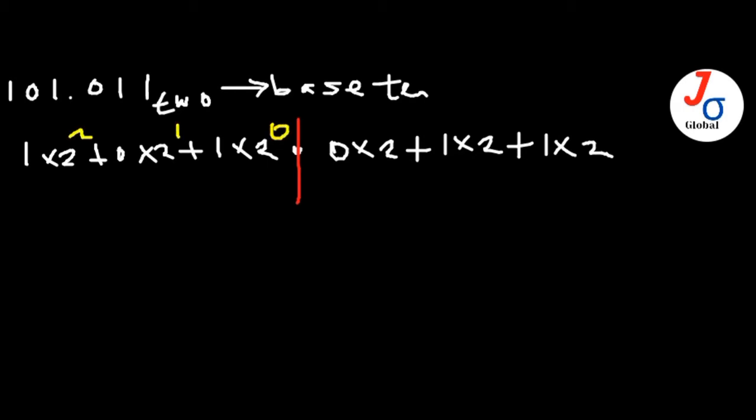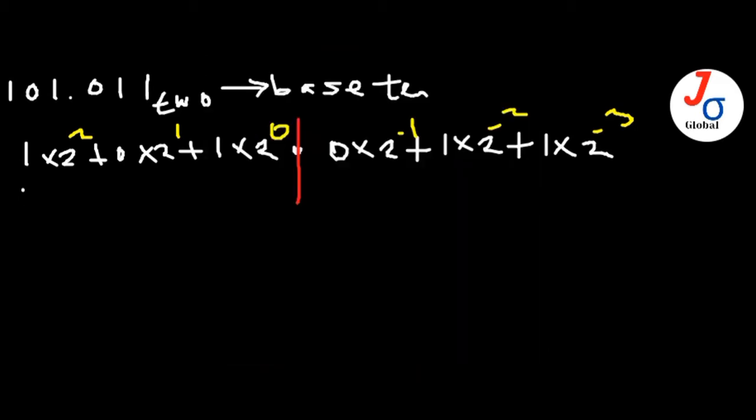Then after the decimal to my right, I'm going to start with -1, then -2, then -3. Any time you have the bases after the decimal point, they are going to take a negative value: -1, -2, -3, and so on.